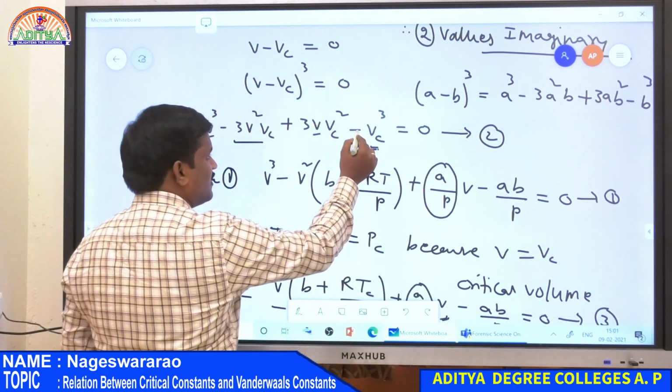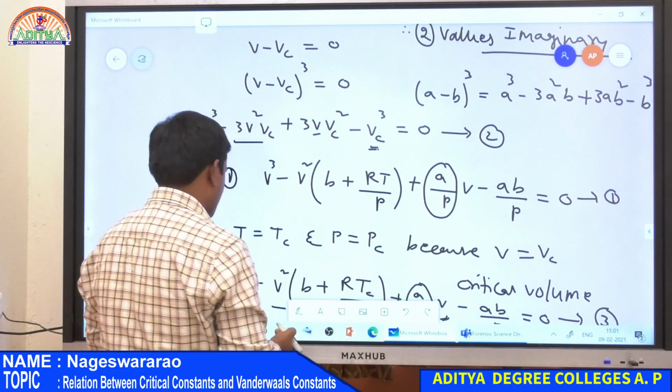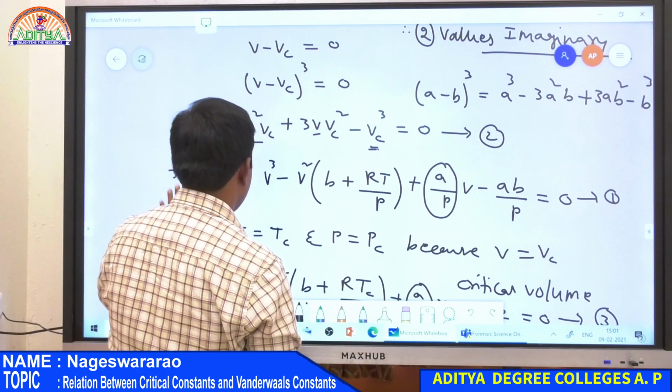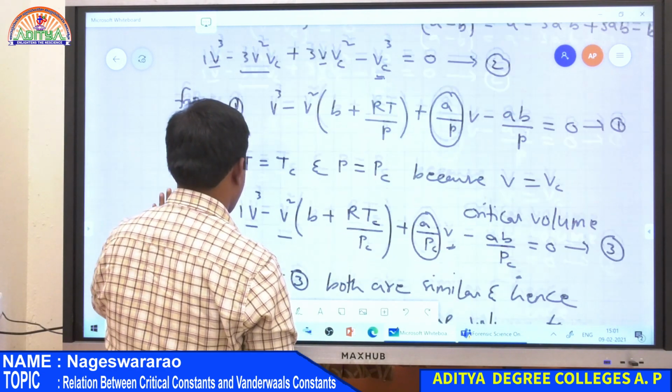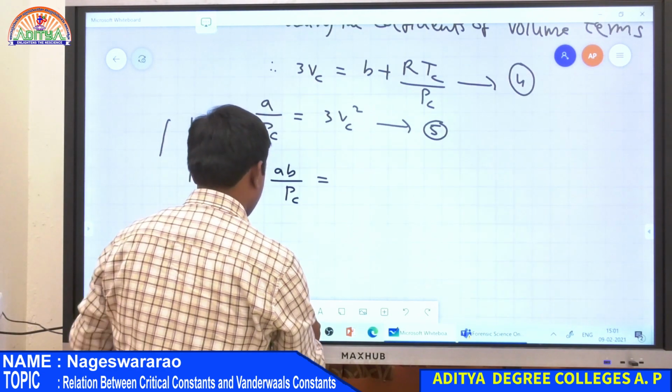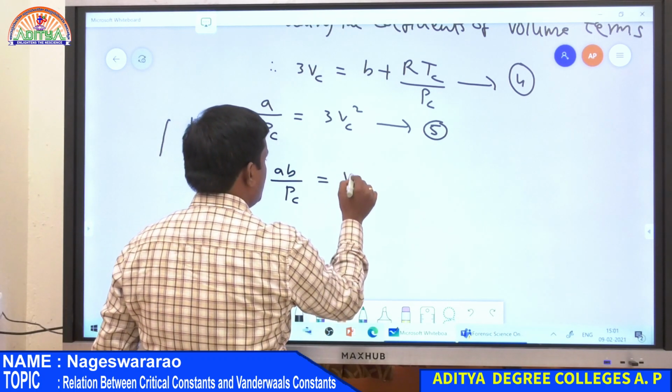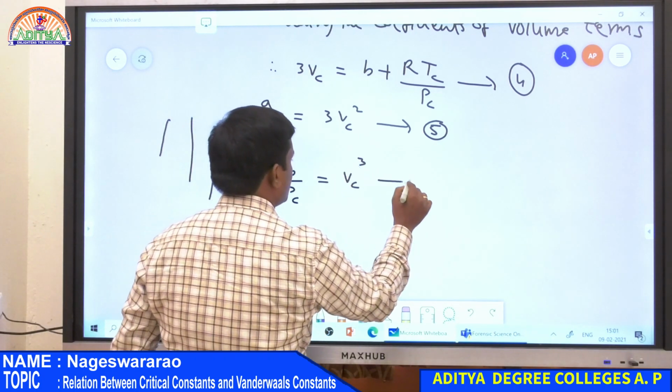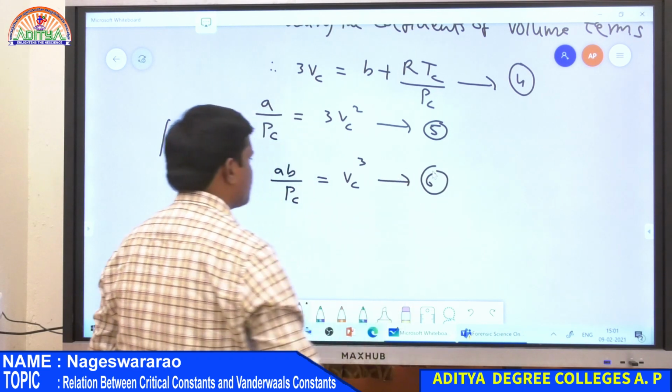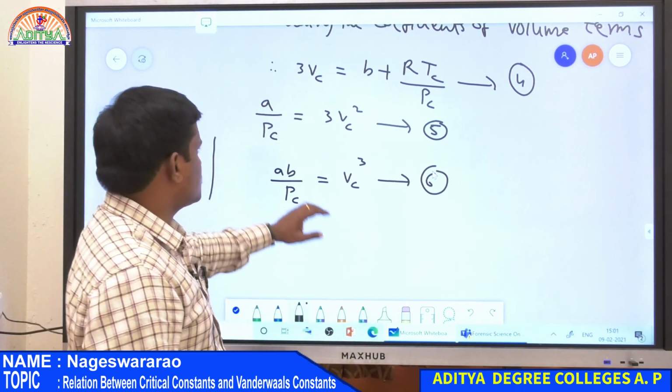So here it is minus Vc cube, therefore this is simply equal to Vc cube. This is equal to Vc cube. So taken as equation number 6. So look at the equations.